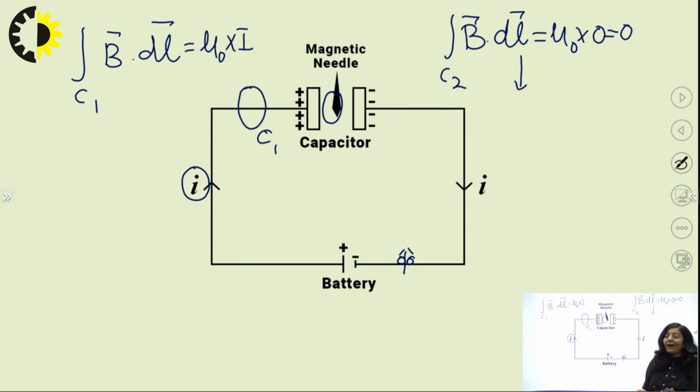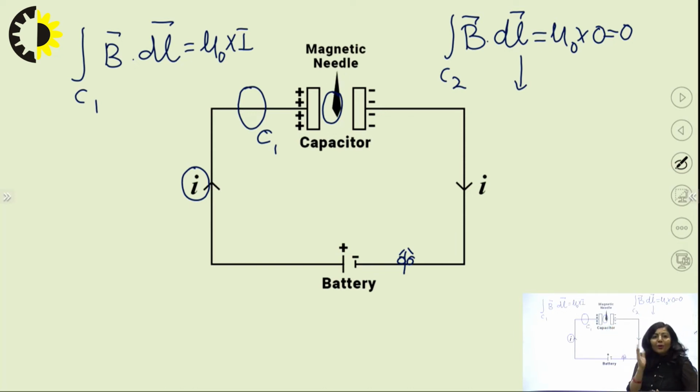But the irony is, if you place a magnetometer box here between these two plates for this loop C2, if you place a compass here, then that will show a deflection. As you can see here, you have a deflection in the magnetometer box which is placed between these two plates of the parallel plate capacitor.